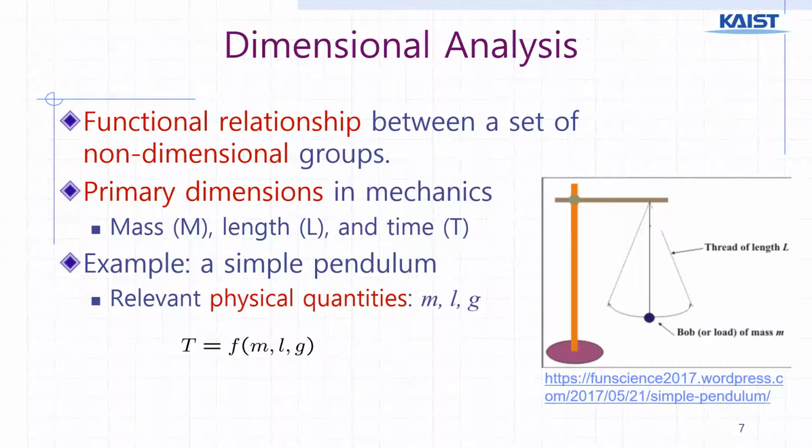The primary dimensions in mechanics can be mass, length, and time. For example, there is a pendulum case. In the drawing on the right-hand side, there are physical quantities: m is mass, l is the length of the pendulum, and g is gravity acceleration.